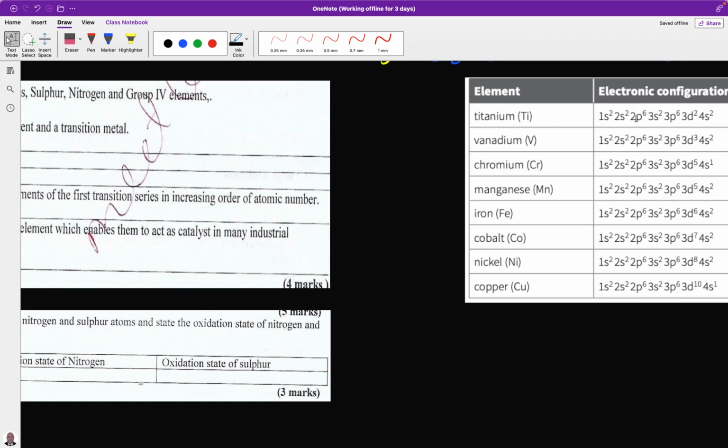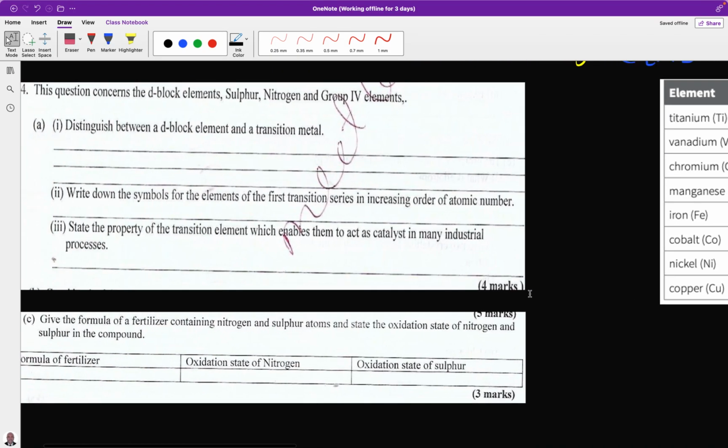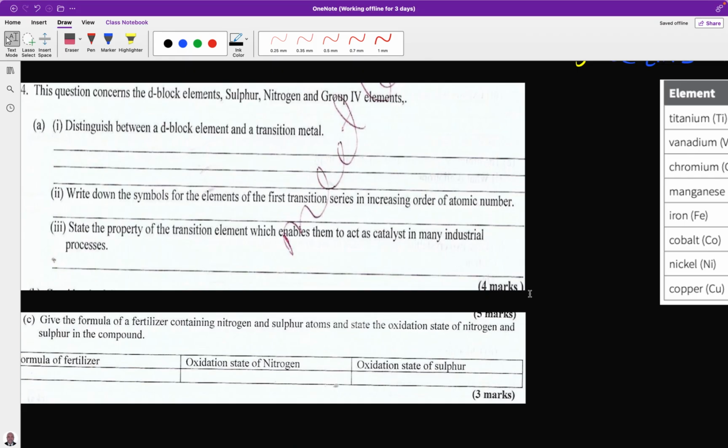You will have titanium, Ti, vanadium, V, chromium, and manganese will follow. Iron will follow. Cobalt will follow. Nickel will follow, and you end up with copper. These are what we call the transition metals. Write down the symbol of the elements of the first transition series.